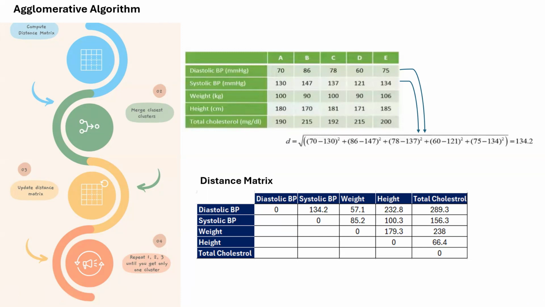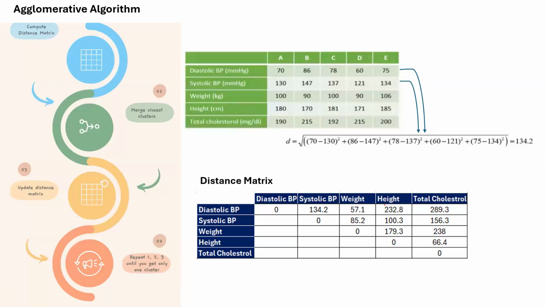The first step is to calculate the distance matrix. Once the distance matrix is calculated, you merge the closest clusters and then update the distance matrix. Why to update the distance matrix is what you will understand with this example.